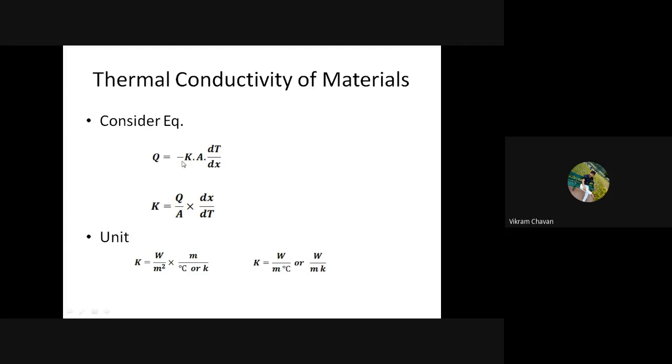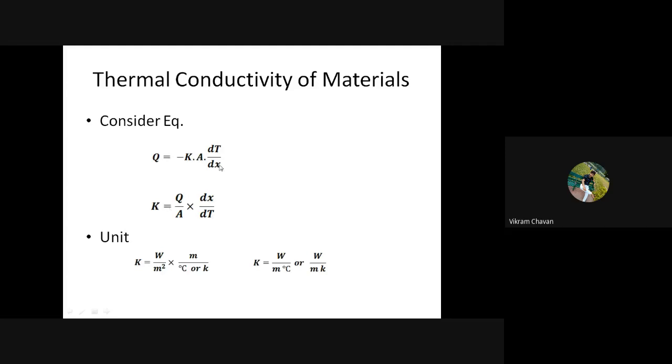What we have done is, first of all, absorbed this negative sign inside the temperature term. We transferred K on this side and Q on this side; all the parameters are transferred to one side, and we have converted the equation into the form of K: K = Q/A × dx/dT.